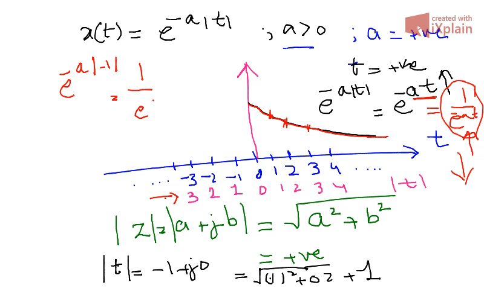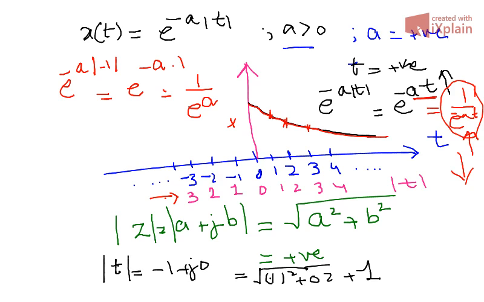It would be equal to e raised to the power minus a times 1, because the absolute value of -1 is 1, which is actually 1 over e raised to the power a.